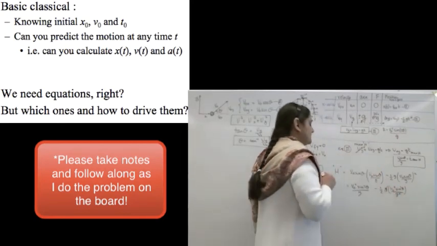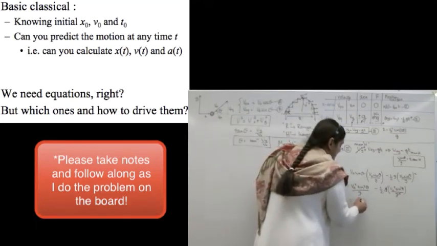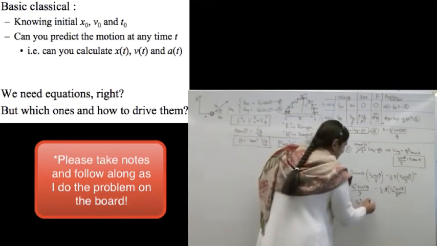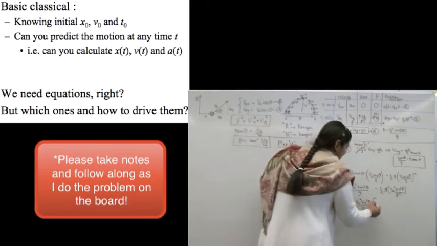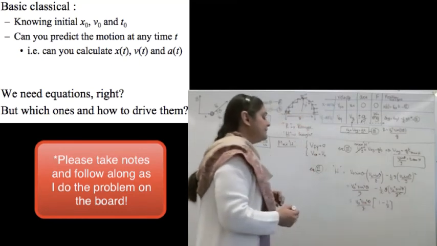G's get canceled, and I can take stuff common out. So that means v naught squared sine squared theta divided by g can be taken out, common, and I have 1 minus 1/2 left over.